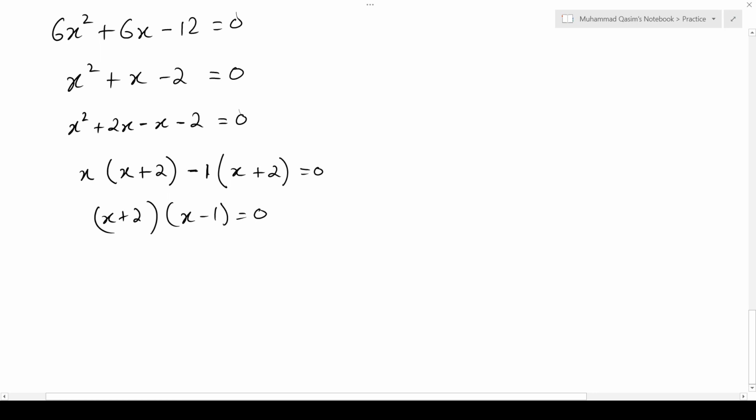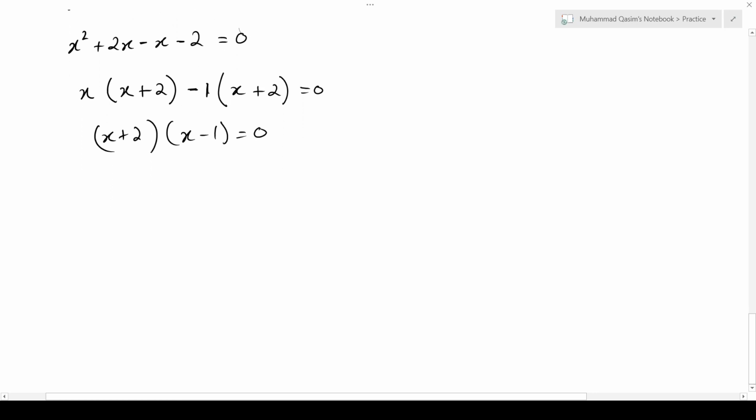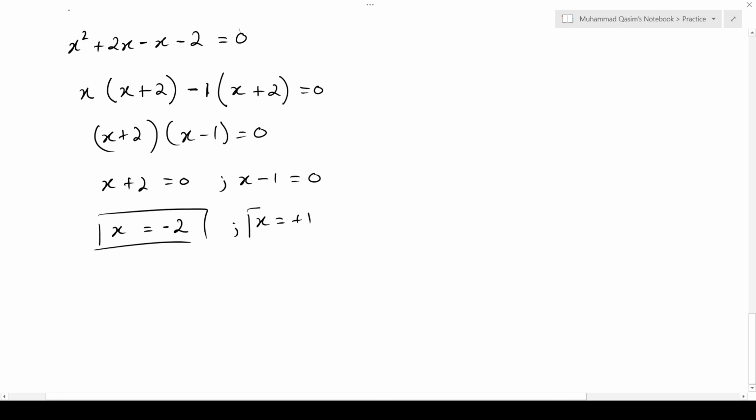Now I have two factors and they are equal to 0, so it means either x plus 2 equals 0 or x minus 1 equals 0. So from here I get x equals minus 2, and then from here I get x equals plus 1.